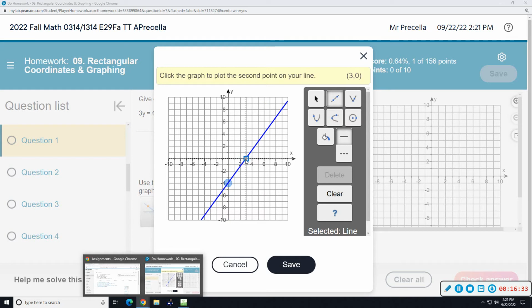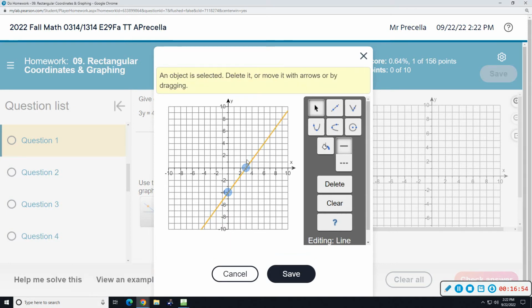Look in the little yellow box. Yes. Do you see 3, 0? And sometimes the increments may be so small it'll be hard to count. So it's a good idea to remember that wherever your pointer is, it's showing you up there in that yellow box. So 3, 0, there's the second.